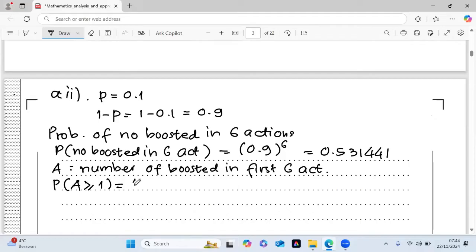It is 1 minus the probability of no boosted in 6 actions.